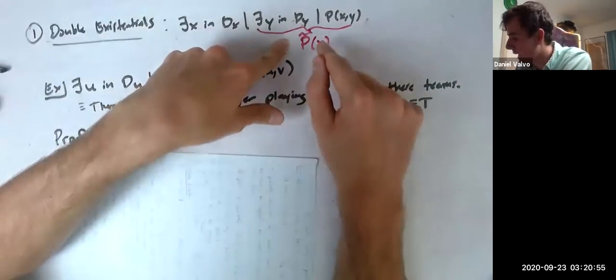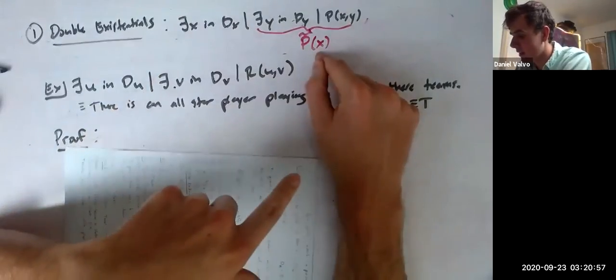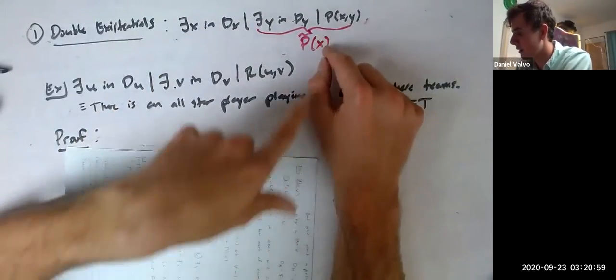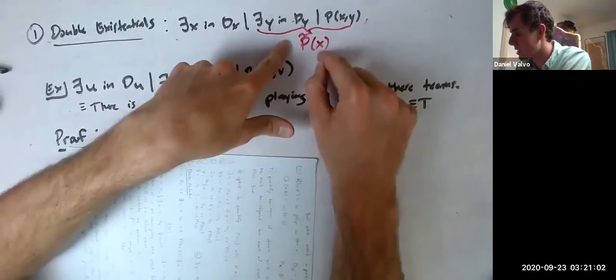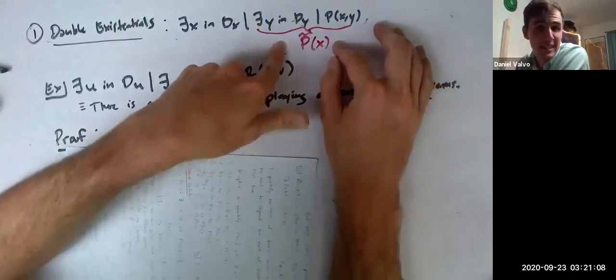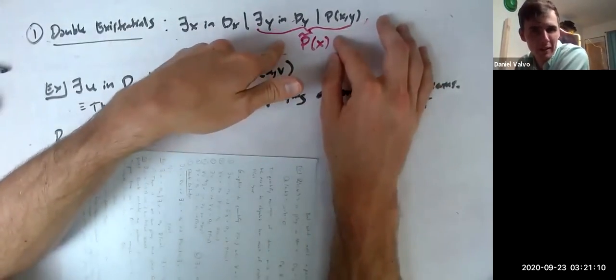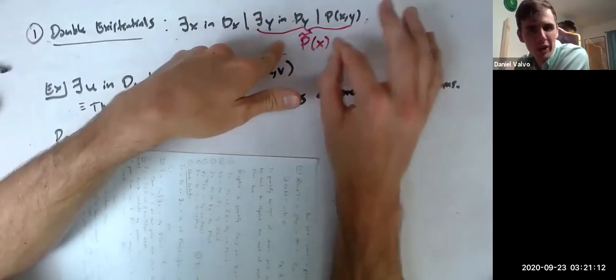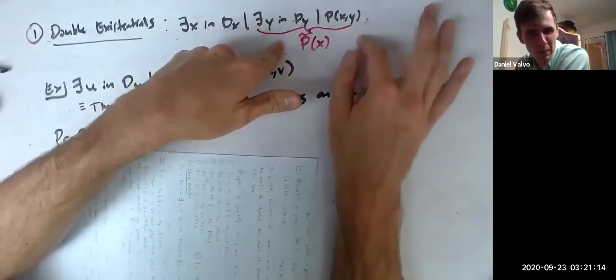If you plug any specific X in here from X's domain, dx, this will be a statement. It's an existential statement, but it's a statement. So this is just a predicate. You plug any X in, this becomes a statement.